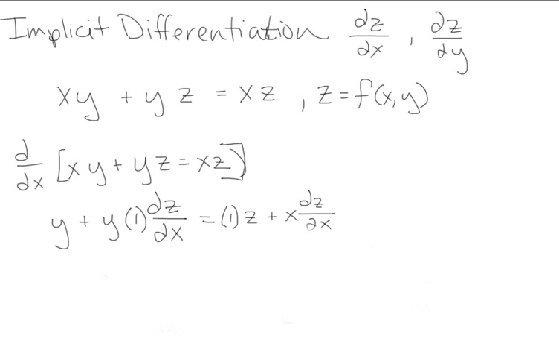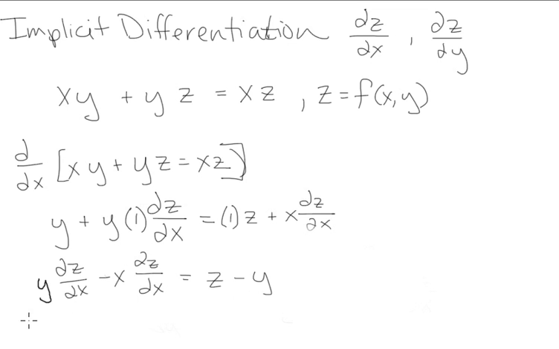So at this point, I have an expression that I need to solve in terms of dz dx. So I'll just go ahead and do the algebra here. I'm going to move the dz dx terms to the same side. I get y times dz dx minus x times dz dx is equal to z, and I move all of the other terms to the other side, z minus y.